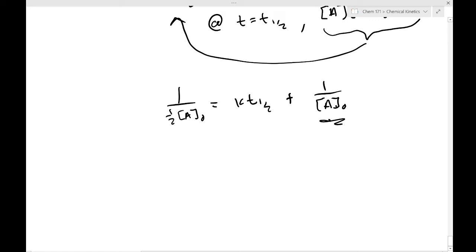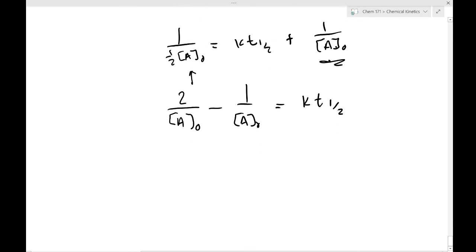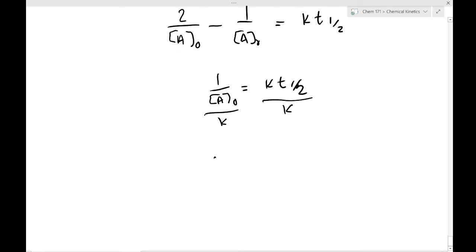So we end up with 2 over a naught minus 1 over a naught is equal to k times t 1/2. Okay, so 2 over a naught minus 1 over a naught is equal to 1 over a naught. So then that means that 1 over a naught is equal to k times t 1/2. Now we just divide both sides by k, and we get t 1/2 on a side by itself. t 1/2 is equal to 1 over k times a naught.